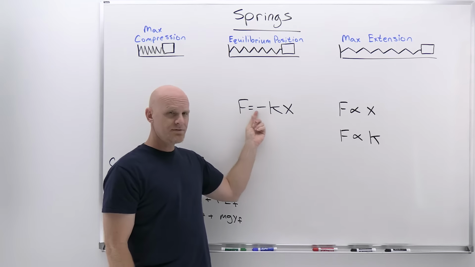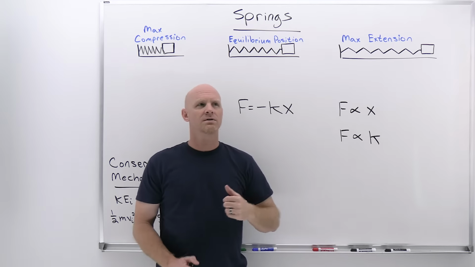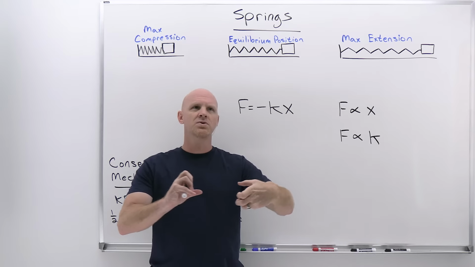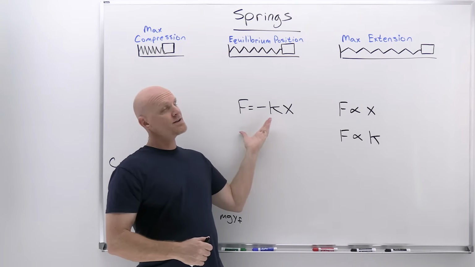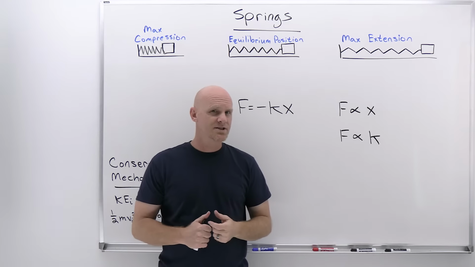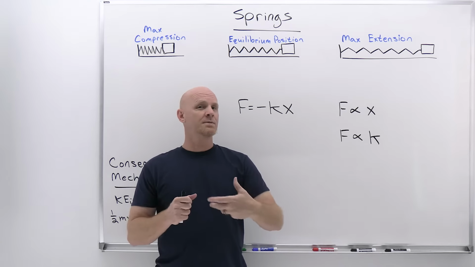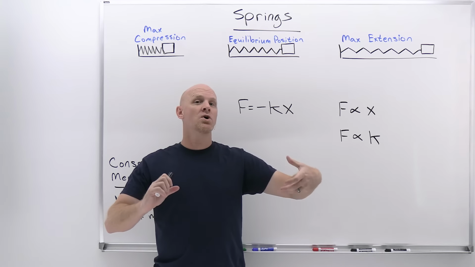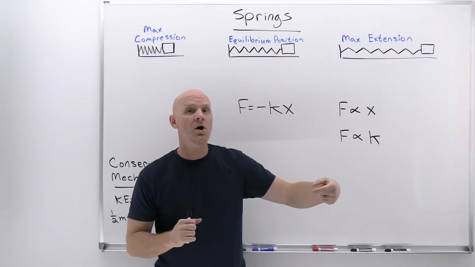One source of confusion here is a lot of students think, okay, so we're talking about F equals negative kx, the force required to pull the spring back. Well, that's not technically what Hooke's law has given us here. That would be an applied force. As we stretch the spring, Hooke's law shows us the force that's opposing it.